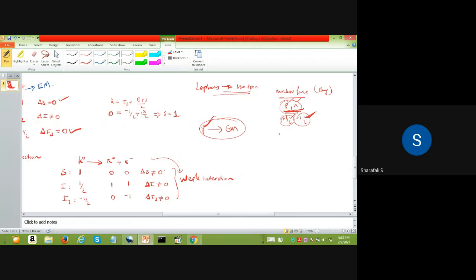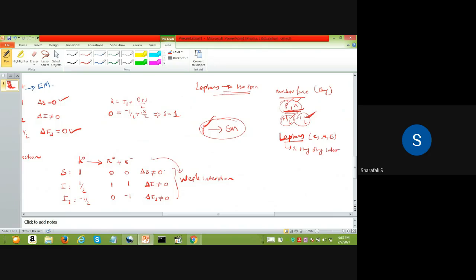But when you consider leptons, electron, muon, tau, that group, or their antiparticles or their neutrinos, any of these leptons will not interact through strong interaction.